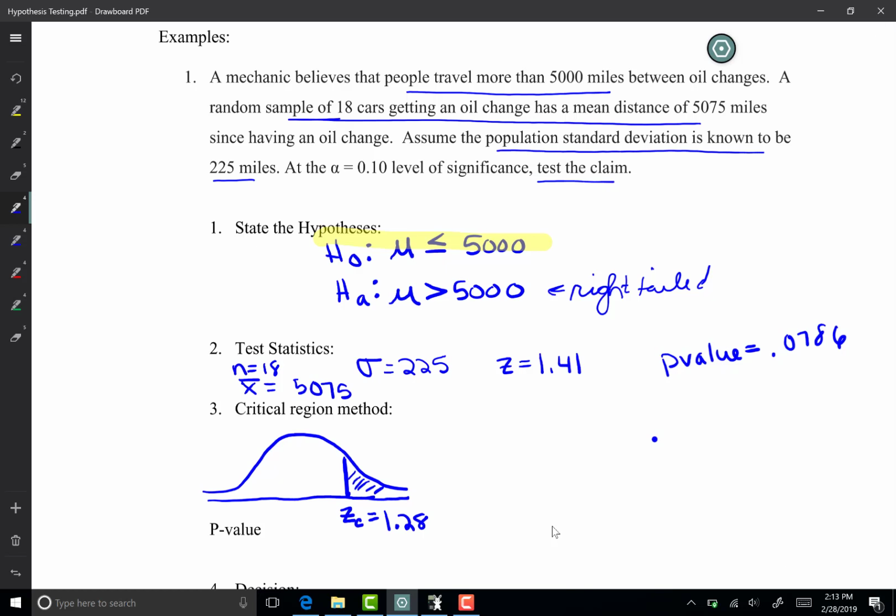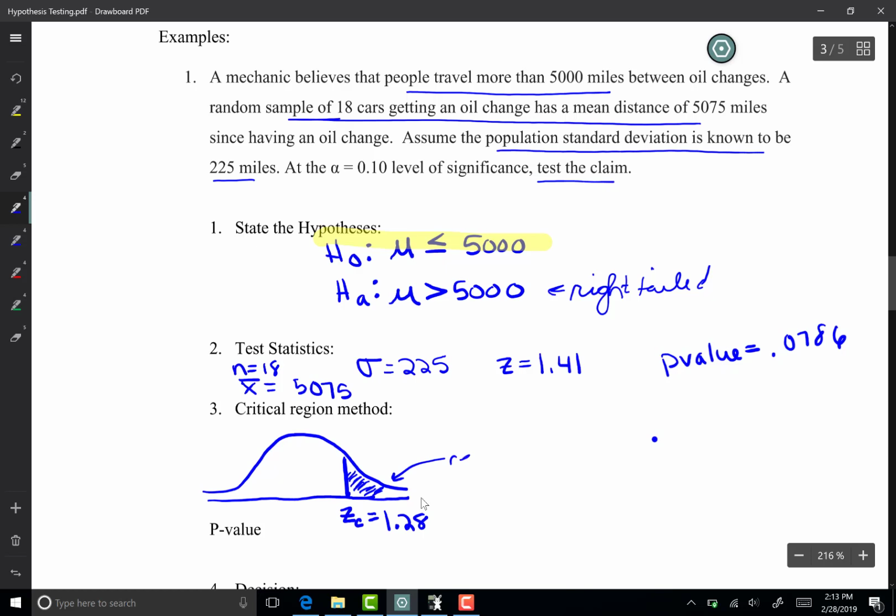So basically what this is saying in the critical region is if my test statistic falls in this area, this is called my rejection region, or sometimes we call it critical region, then I reject. If it falls over here somewhere, that's my non-rejection region.